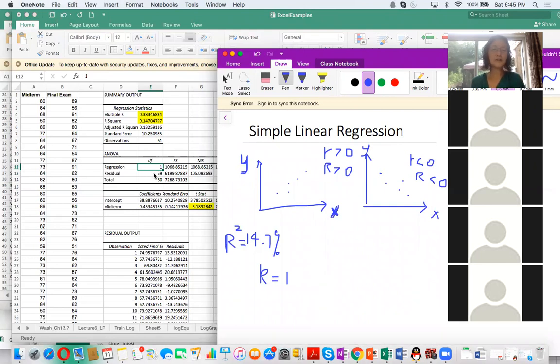Next one, degree of freedom for residue is sample size minus K minus 1. Sample size, remember 61. K is 1, minus 1. That's why you get 59. And the last one, degree of freedom for total, is just sample size minus 1.